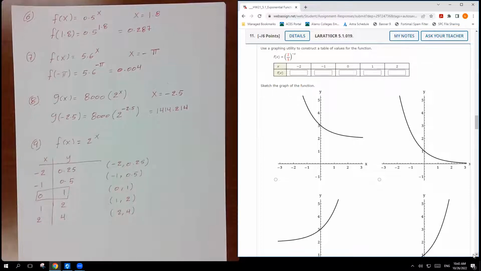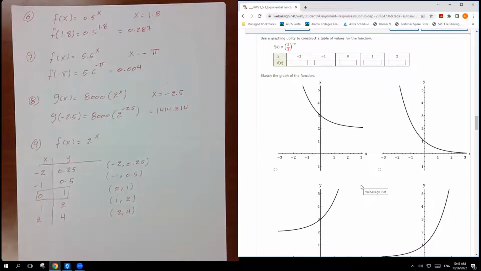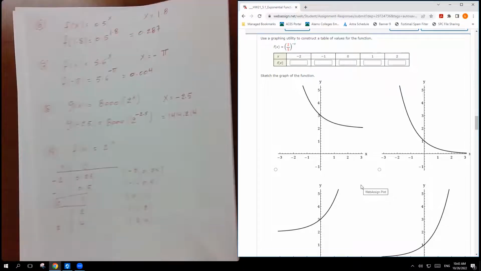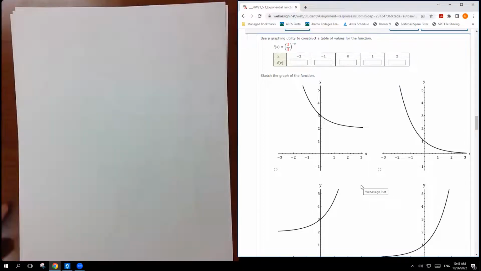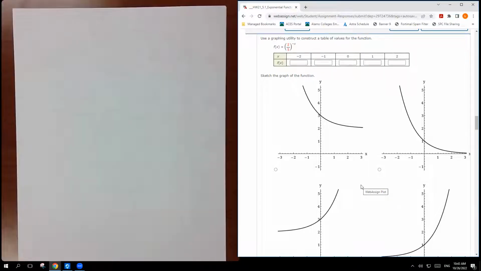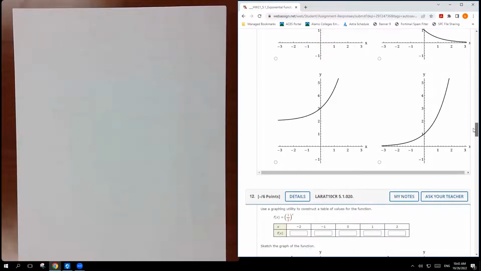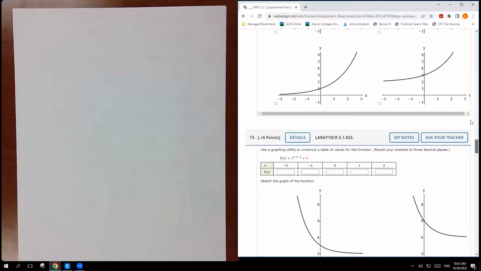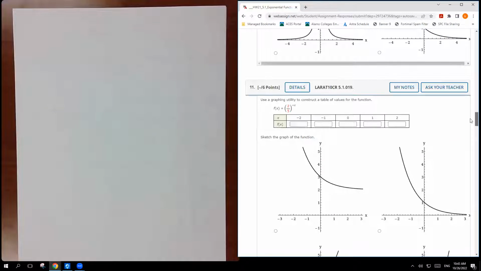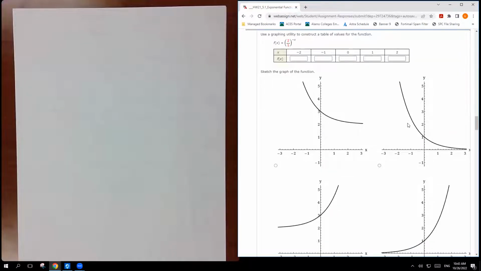So you have two options, and then let's find out. Example 12 is the same thing, with 1/2, and that's different. So let's work on this one. Let's look at evaluating the function.